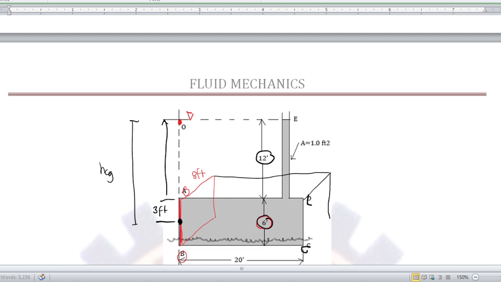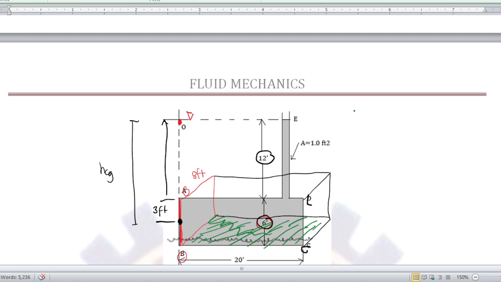So the bottom part, class, is this one. So we are to determine the total force acting on that area. Okay, class? This area, we are referring to this area.